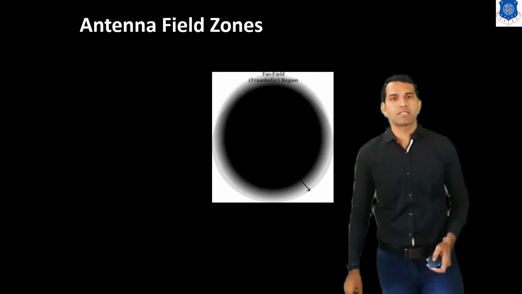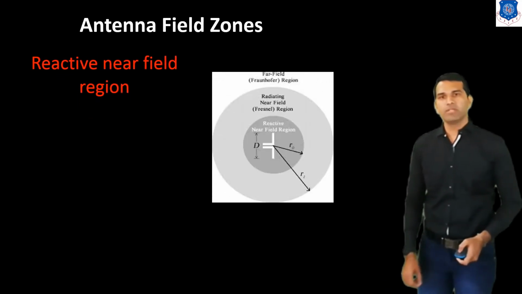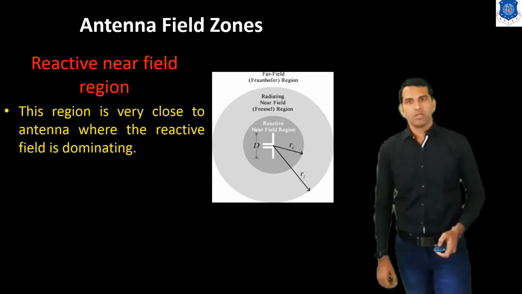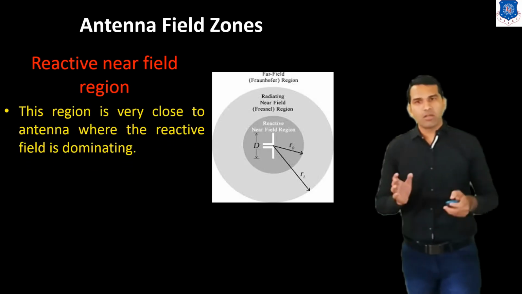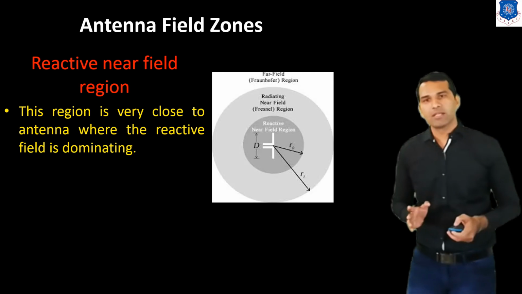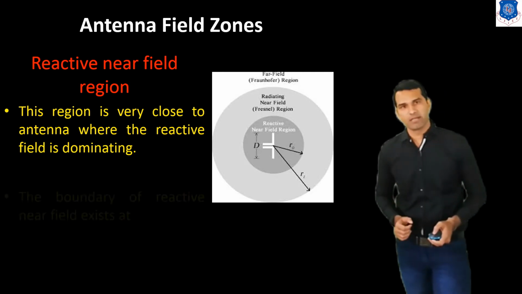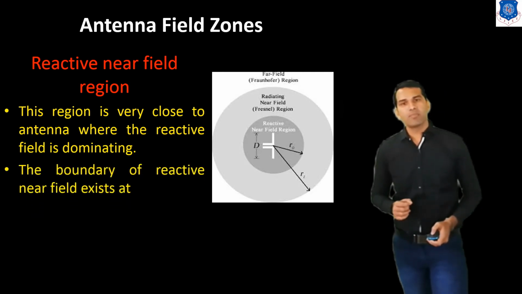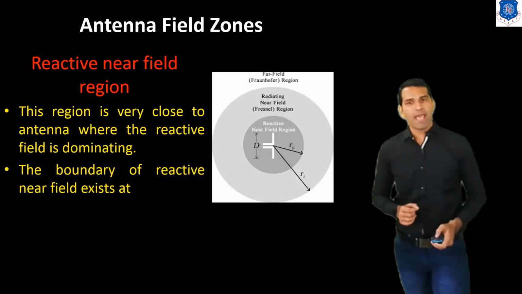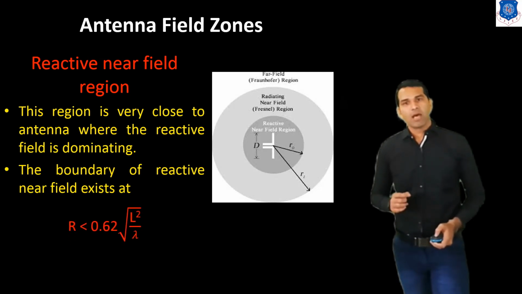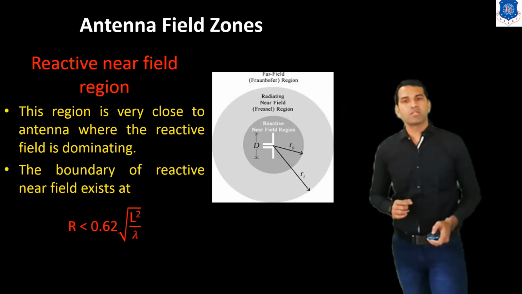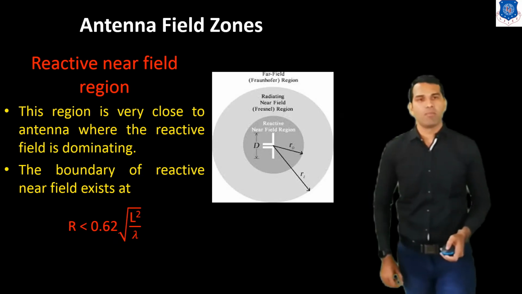First we understand the reactive near field region. This region is very close to the antenna, where the reactive field is dominating. The boundary of the reactive near field exists at R less than 0.62 times the square root of L squared upon lambda.